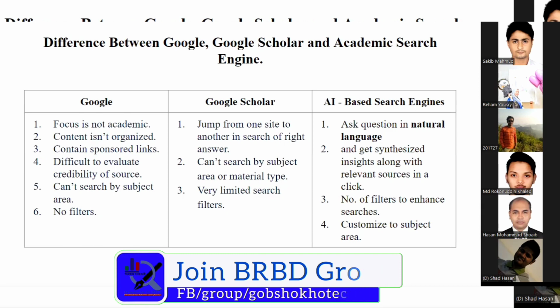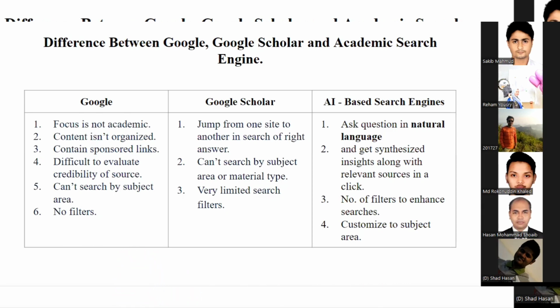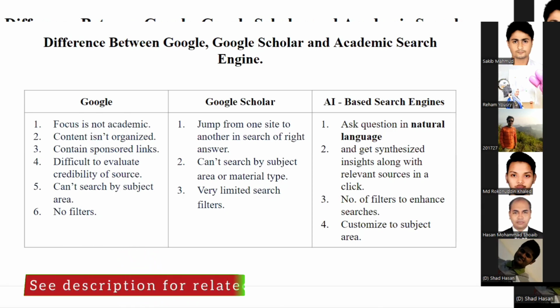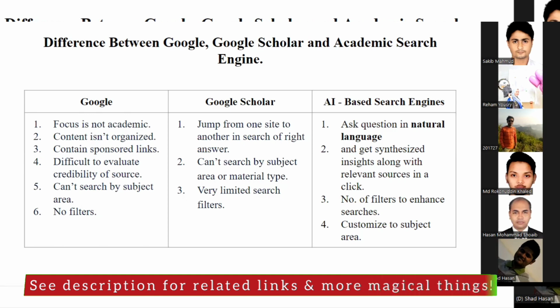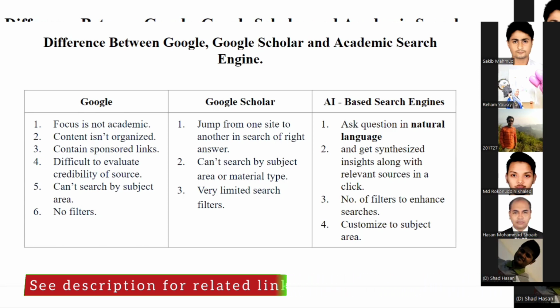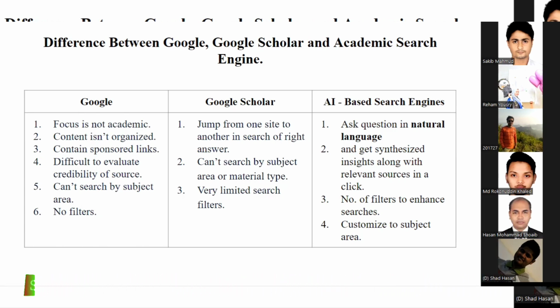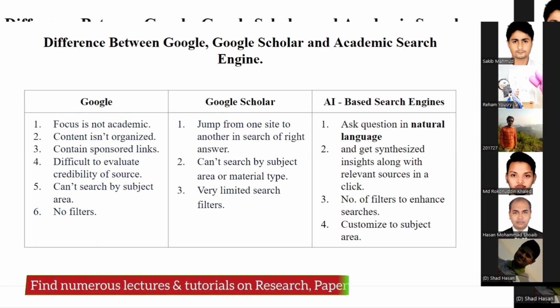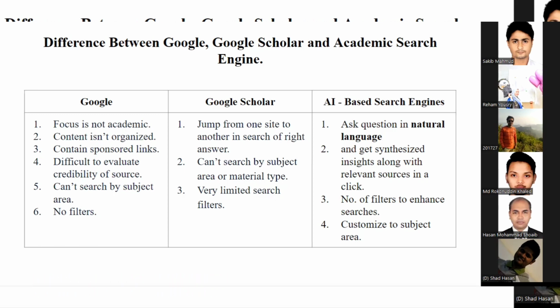So you have to jump from one side to another. And again, this is not target specific. This is not subject specific. You can get any kind of answer. There are very limited filters available, which mostly let you filter your result by time, from 2001 to 2024, or maybe 2020 or 2024, or by research article, or by review article.